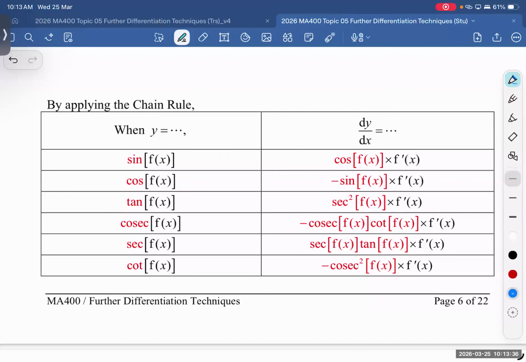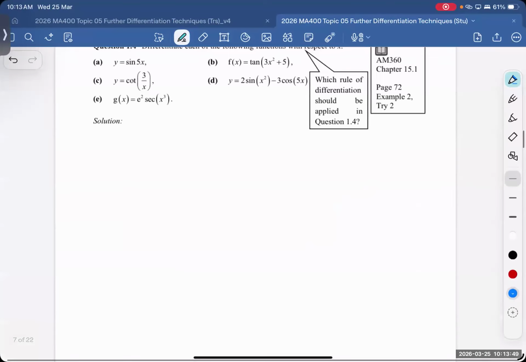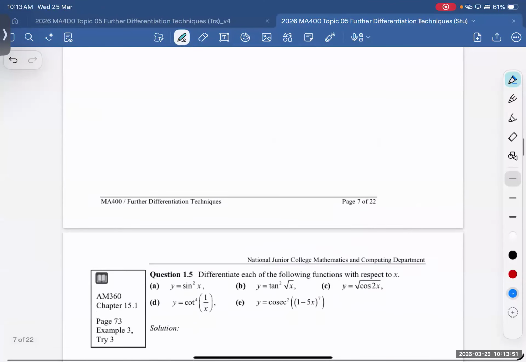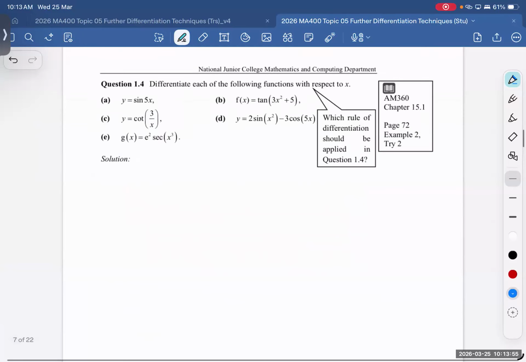Unless the question says to express in terms of sine, cosine. So now do all the way through 1.4.